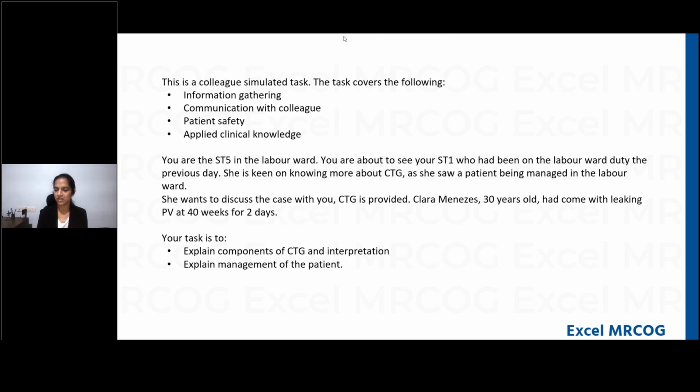Some details of the patient are given to you, and if you notice, the domains are information gathering, communication with colleague, patient safety, applied clinical knowledge. What is the task saying? The task is saying explain the components of CTG and interpretation, which you did partly, and explain management of the patient, right?